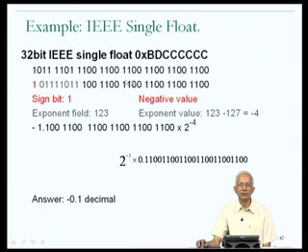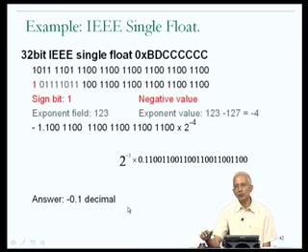Therefore, this IEEE floating point value corresponds approximately to minus 0.1. It does not correspond exactly to minus 0.1, but it is the closest IEEE value to minus 0.1. And therefore, if you have a program which sets a variable to minus 0.1 and then you looked at that variable in its binary form, you would probably find this as being the representation.